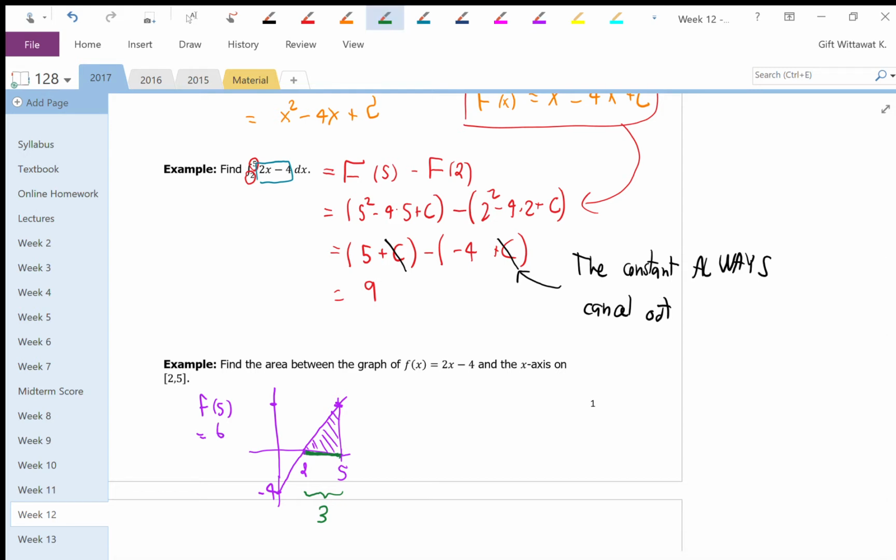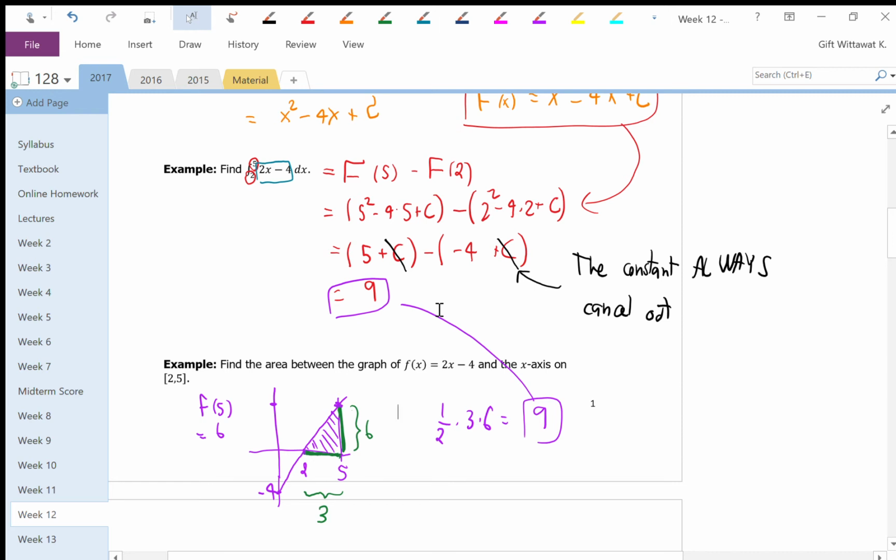So that means the height of my triangle is exactly 6. So I have a triangle with base 3 and height 6. To compute the area, that's going to be just a half of 3 times 6, and that's going to be 9. And we immediately see that this is the same number. So indeed, when we compute the integral, that actually gives us the area under the graph, at least in this case. Well, we know it's true in general anyway.